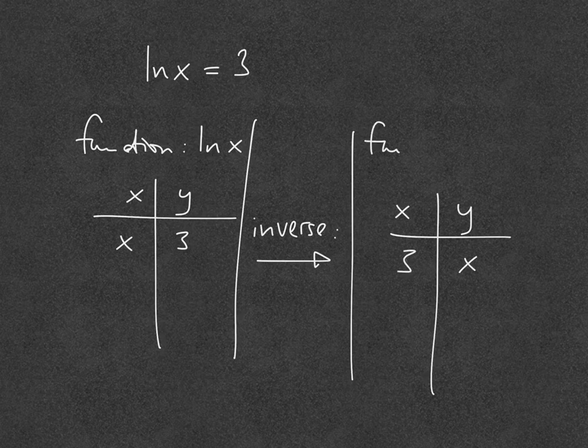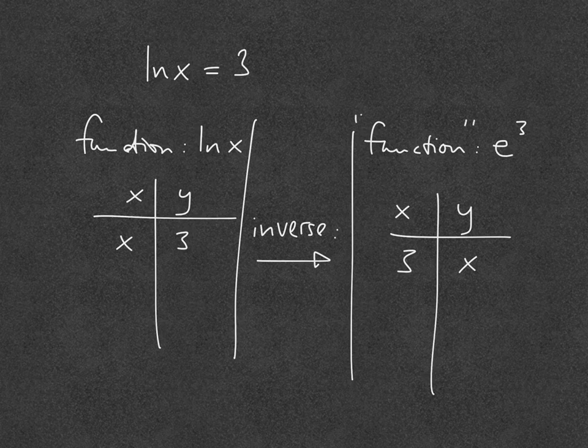And the function in this case, we know that the exponential function is the inverse of the logarithmic function. So since this is the natural logarithm, it would be e to the power of x. Well, x in this case is actually 3, so we would write e to the power of 3.